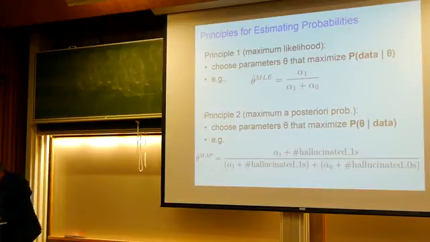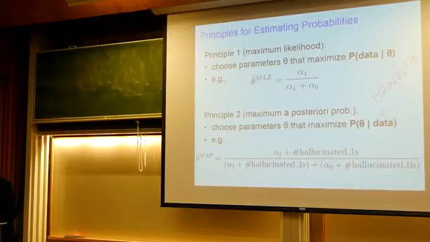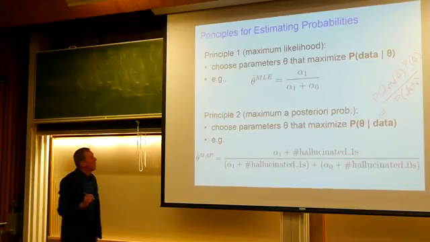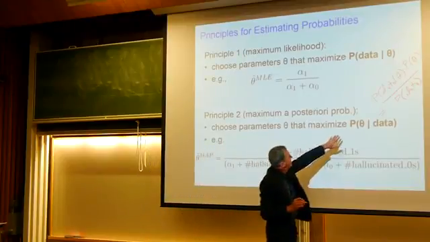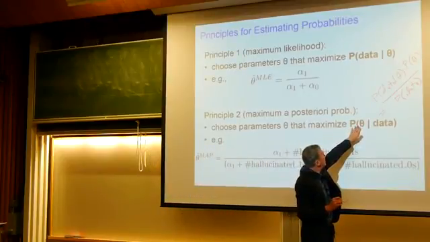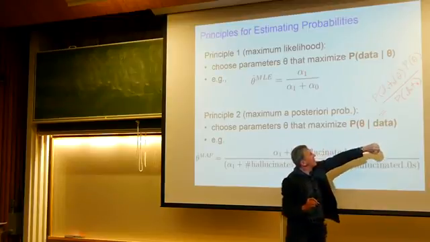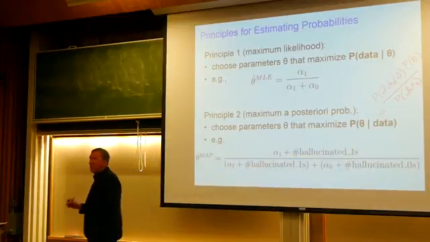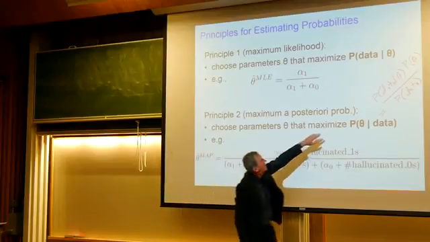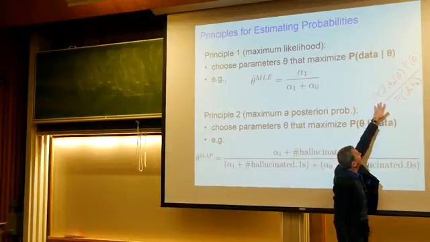When I say we're going to maximize the probability of theta given the data, remember that's, according to Bayes' rule, the probability of the data given theta times the prior on theta divided by the probability of the data. And so if we're trying to estimate the theta that's most probable given the data, one way to do it is to use Bayes' rule and express it this way.